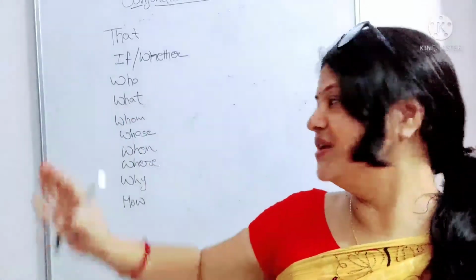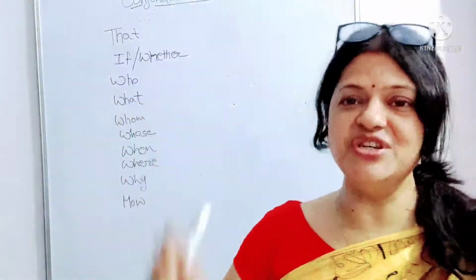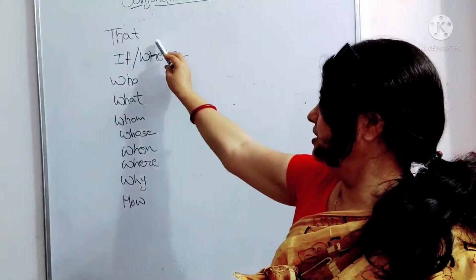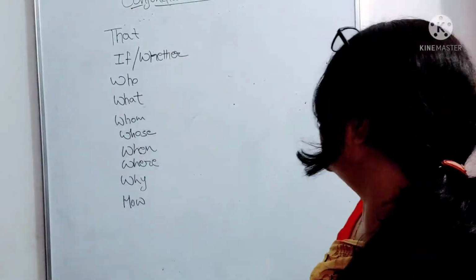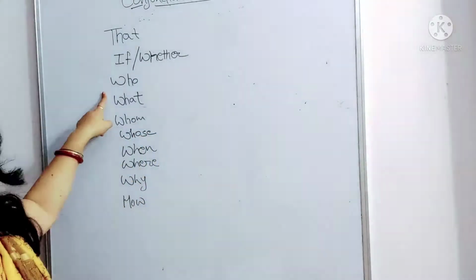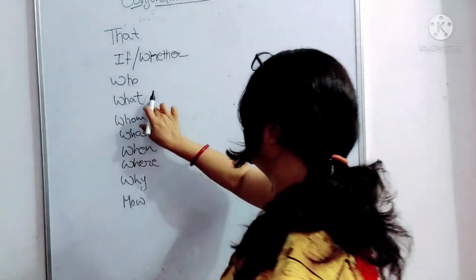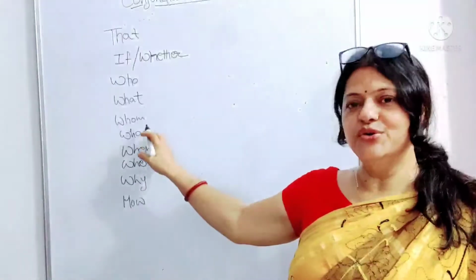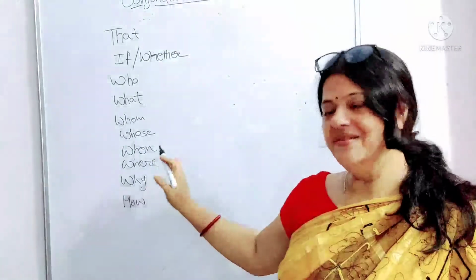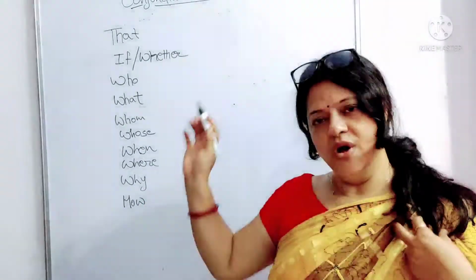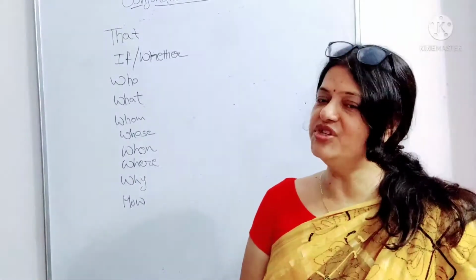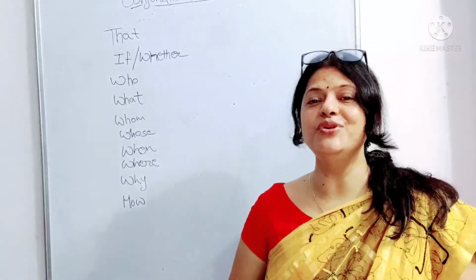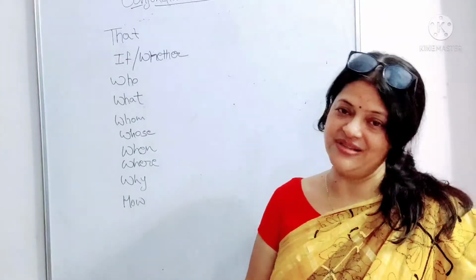First of all, let's see what these conjunctions are which are used to do synthesis: that, if, whether, who, what, whom, whose, when, where, why, how. So these are the conjunctions used in noun clauses to add two or more than two simple sentences to make one simple sentence.